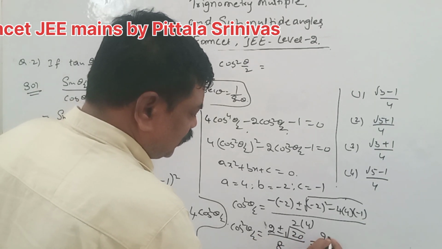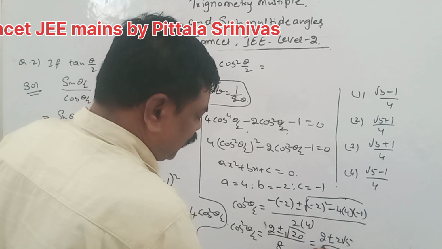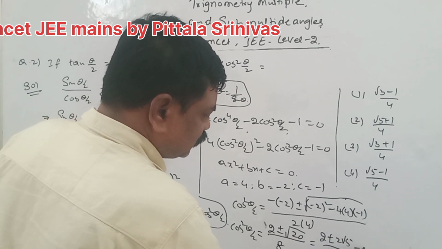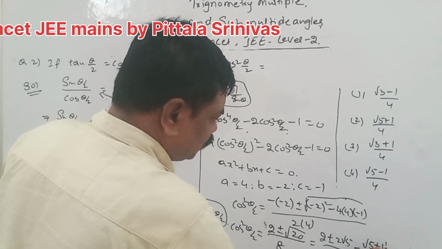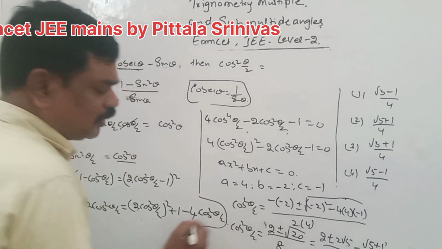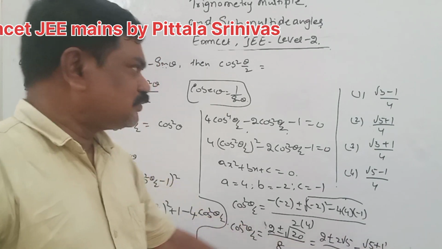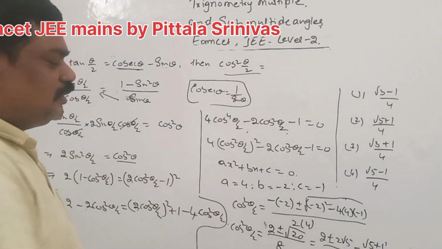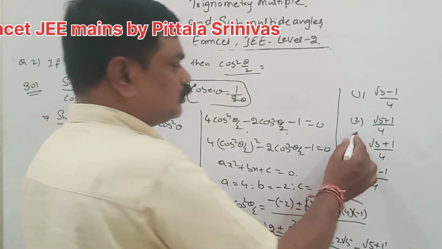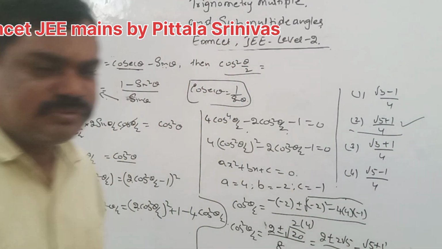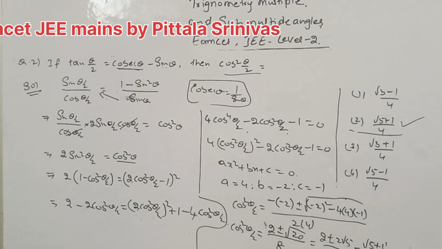So (2 ± 2√5)/8 equals (√5 + 1)/4. Therefore cos² θ/2 is equal to (√5 + 1)/4, which is the answer. So we have the answer.